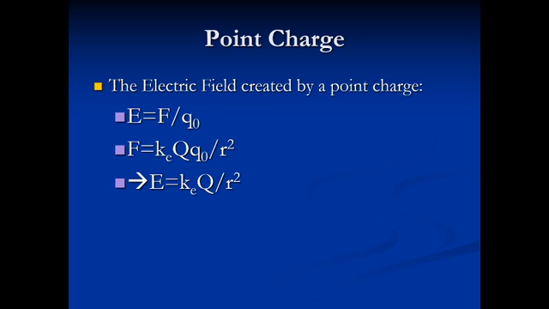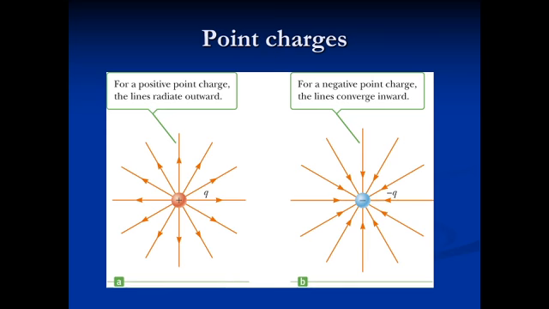E is the electric field, whereas lowercase g is the gravitational field. The way we can visualize that is that positive point charges create an electric field that points away from them, and negative charges are where the electric field lines end.